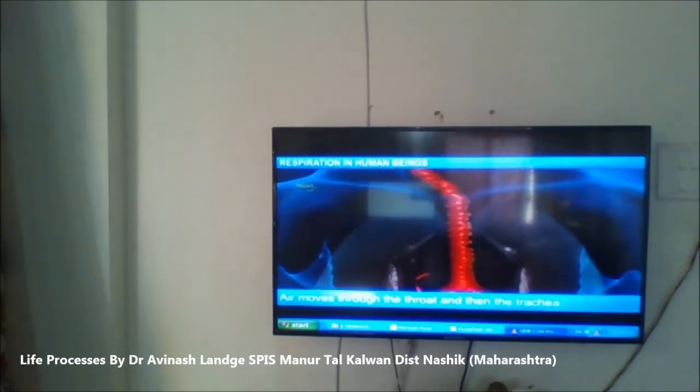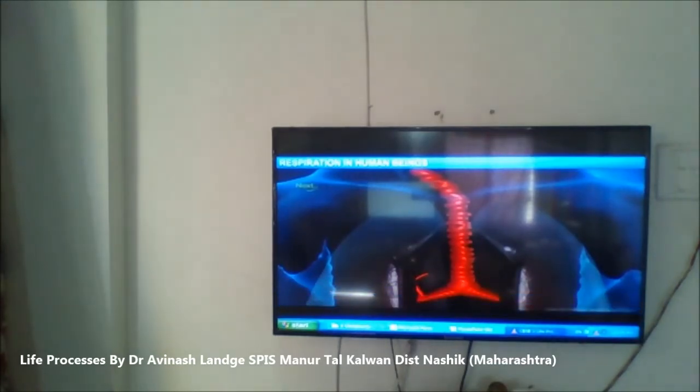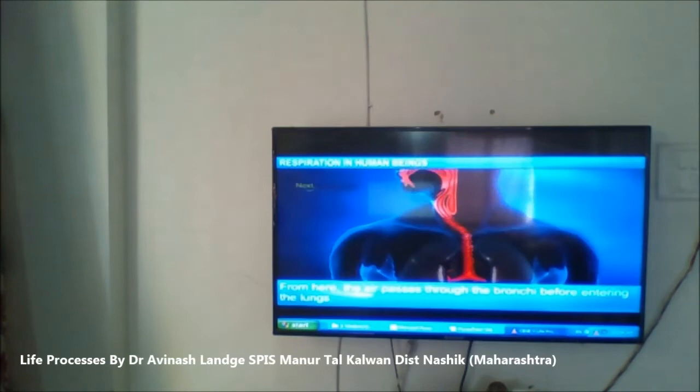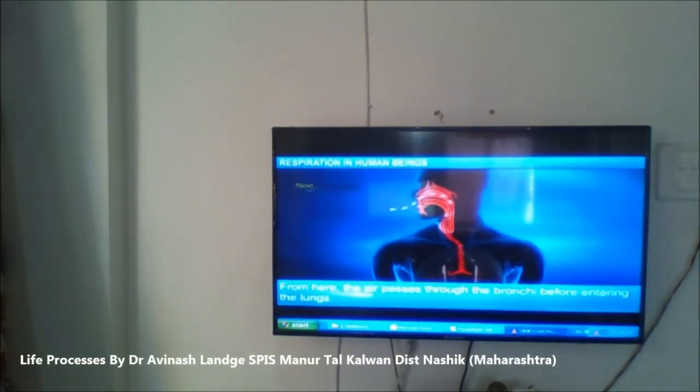Next, the air travels through the throat and then moves through a pipe called trachea. Trachea contains cartilaginous rings that ensure smooth flow of air into the lungs. From here, the air passes through the bronchi before entering the lungs.